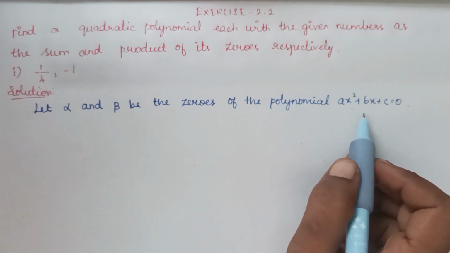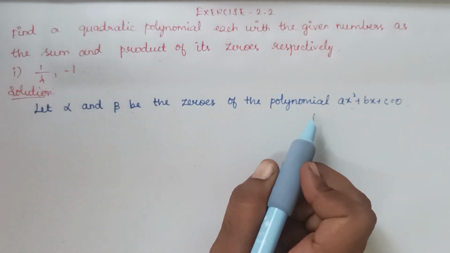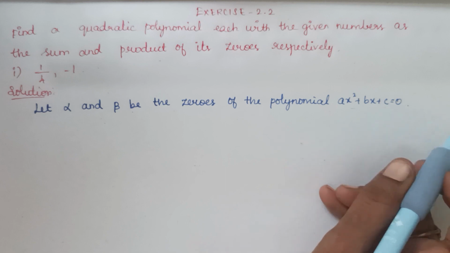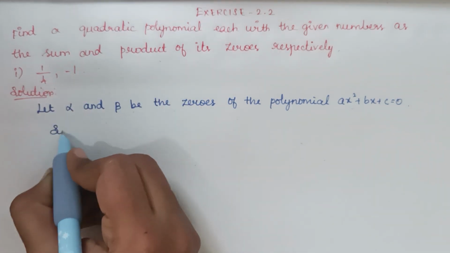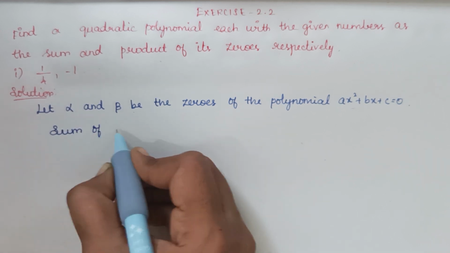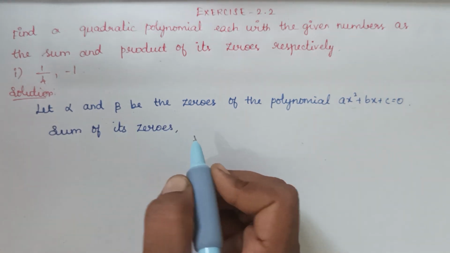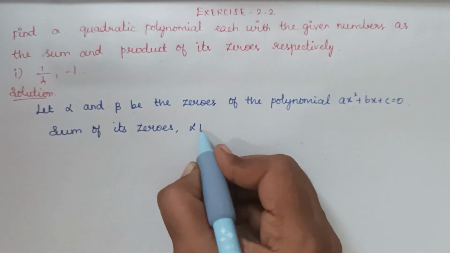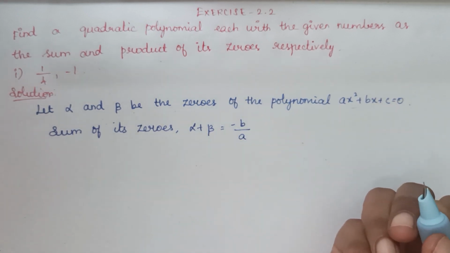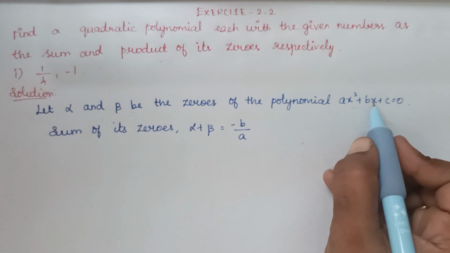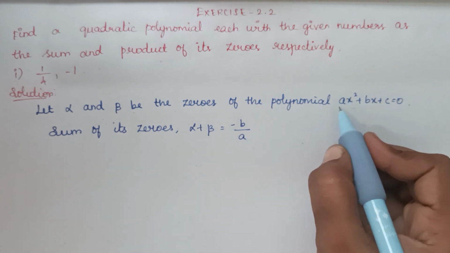Now we will get into the sum. Let alpha and beta be the zeros of the polynomial ax square plus bx plus c is equal to 0. Now we know the formula for the sum of its zeros: alpha plus beta is equal to minus b by a, where b is the coefficient of x and a is the coefficient of x square.